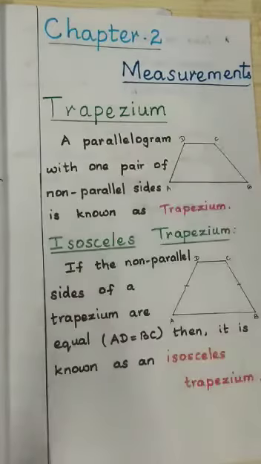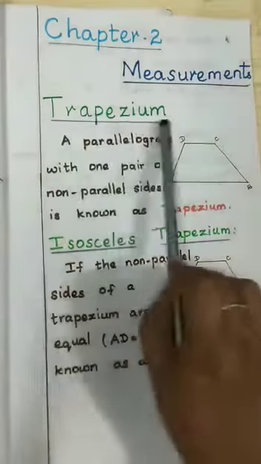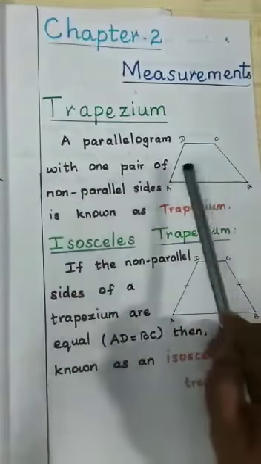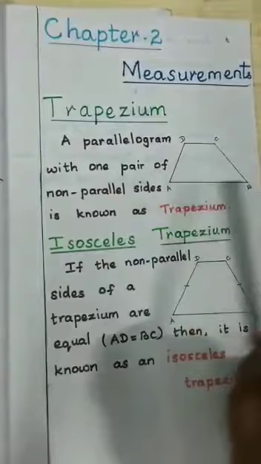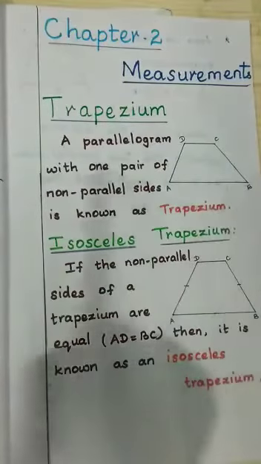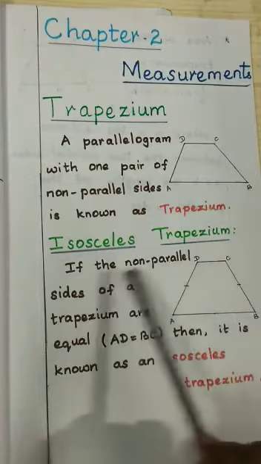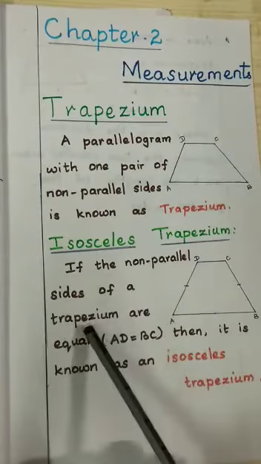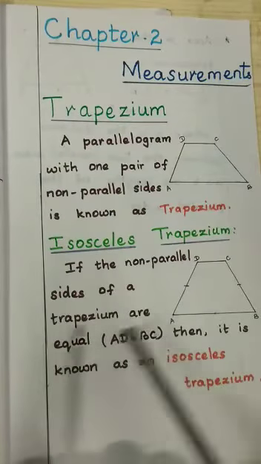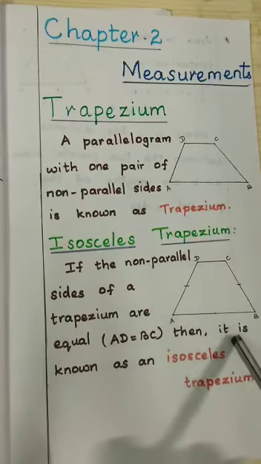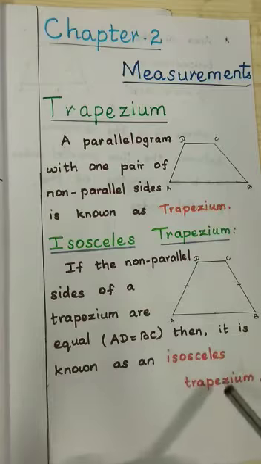Let's see the definition. Trapezium: a parallelogram with one pair of non-parallel sides is known as trapezium. Isosceles trapezium: if the non-parallel sides of a trapezium are equal, that is AD is equal to CB, then it is known as an isosceles trapezium.